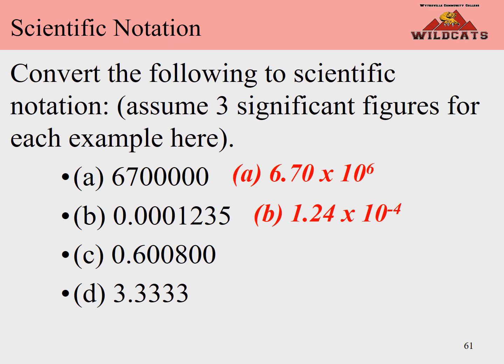It's designed so that there's some flexibility when you go to put it in. Usually what I've done is I've allowed plus or minus 1 significant figure for each answer. C is going to become 6.01 times 10 to the minus 1. And 3.33, we're not going to worry about writing down the times 10 to the 0.